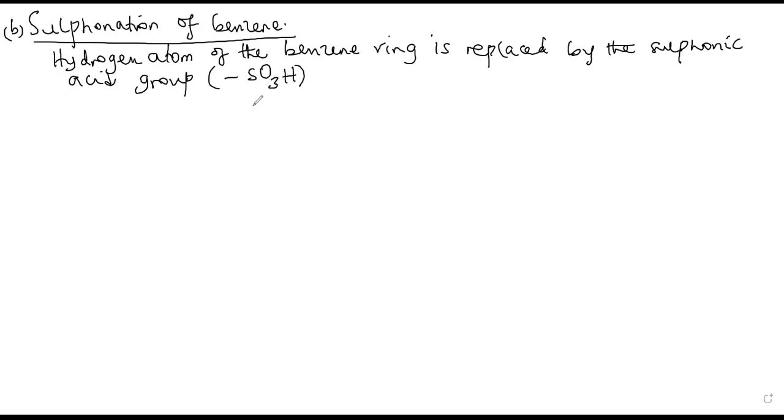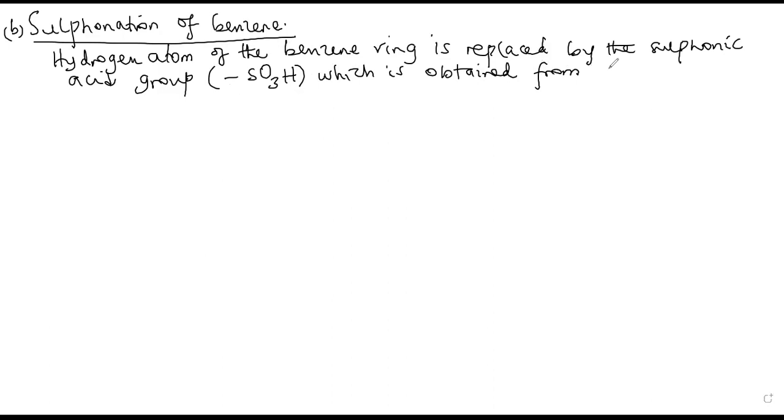That is the sulfonic group. And where do we obtain this? We obtain it from fuming sulfuric acid, right?